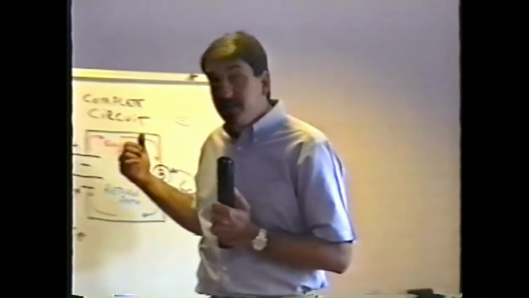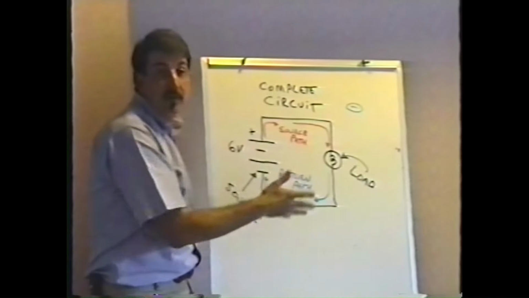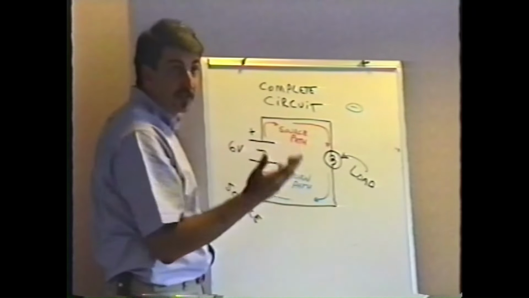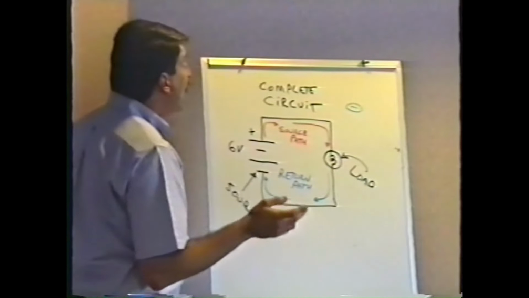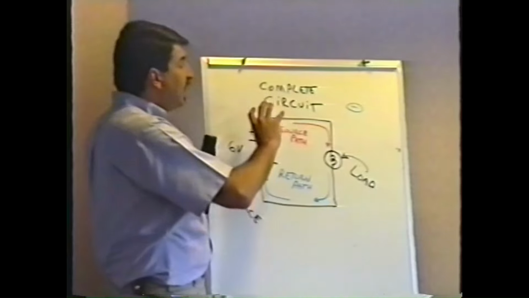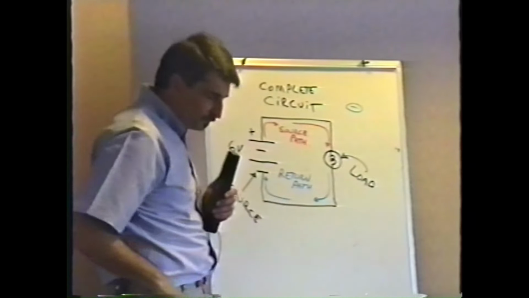When we discovered hundreds of years later that electricity is really these negatively charged electrons, they did not change the way they draw schematic diagrams. Schematic diagrams are still drawn kind of backwards. They're drawn as if electricity was some kind of invisible fluid that flowed from positive to negative.